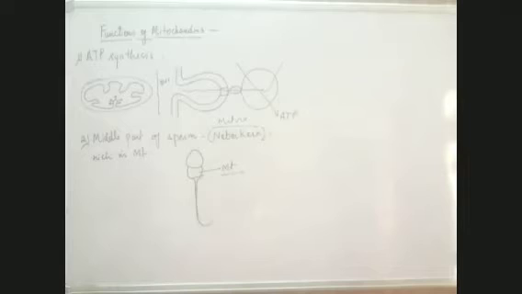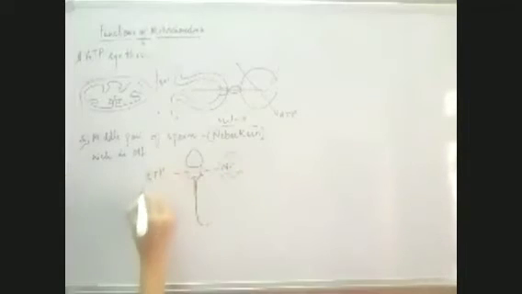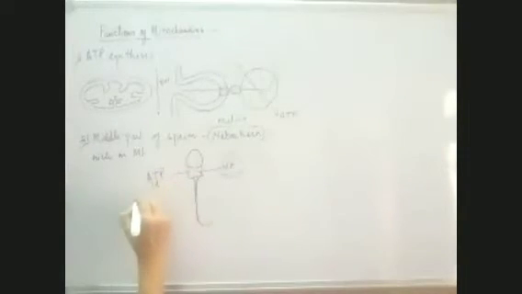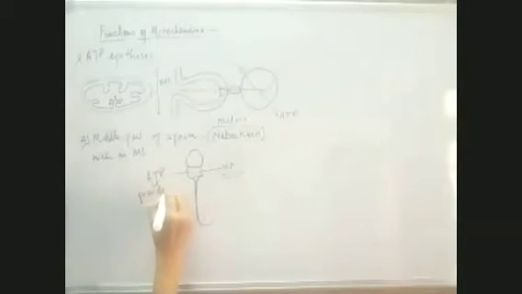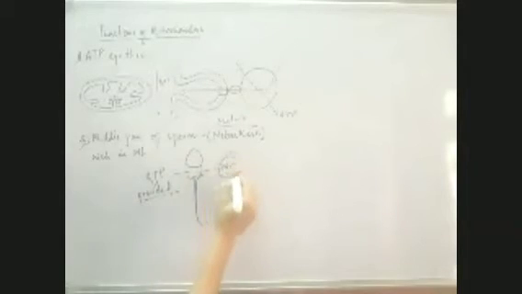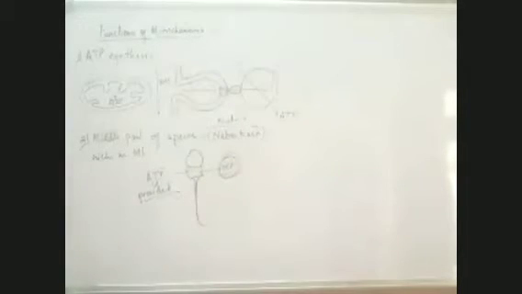For this movement to reach the oviduct, ATP is provided, and ATP will only be provided when there is mitochondria, because mitochondria is the organelle which synthesizes ATP.